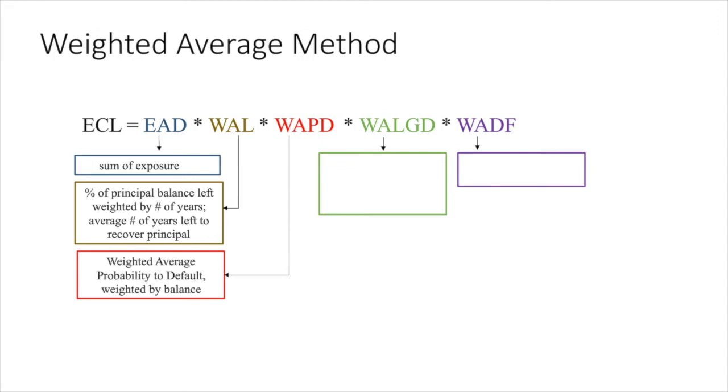The weighted average PD, which is the PD of the portfolio or of the segment, depending on which level of analysis we are performing, but it's weighted by the outstanding balance. Then the weighted average LGD, which is LGD that is weighted by both the PD and the outstanding balance, and the weighted average discount factor, which is weighted by the exposure, the probability of default, as well as the loss given default.